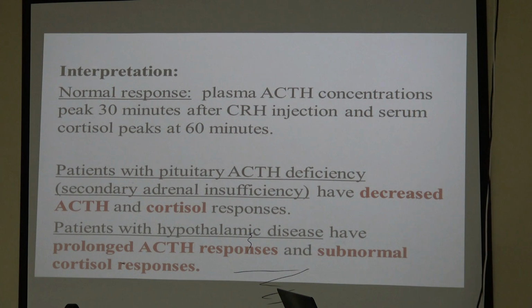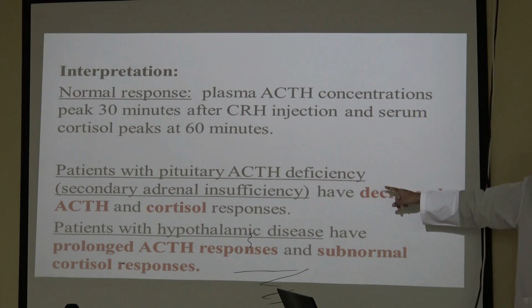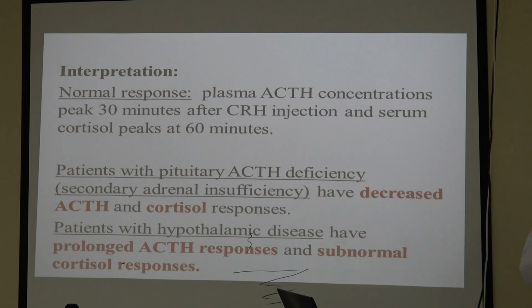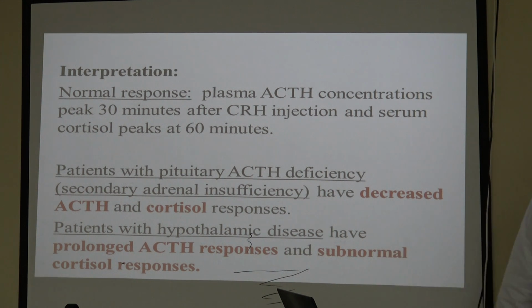But if there is pituitary deficiency, there will be decreased ACTH and cortisol response. Even after giving CRH, the pituitary is not responding, so the problem is in the pituitary. If it is the hypothalamus, there is a prolonged ACTH response and subnormal cortisol response. What does it mean? When you give CRH and ACTH goes high, the hypothalamus is the problem. Initially there was no CRH, now you are giving CRH. So by this test you can differentiate secondary and tertiary.